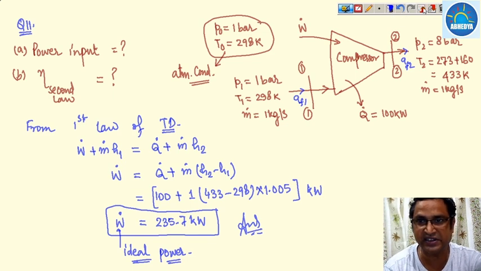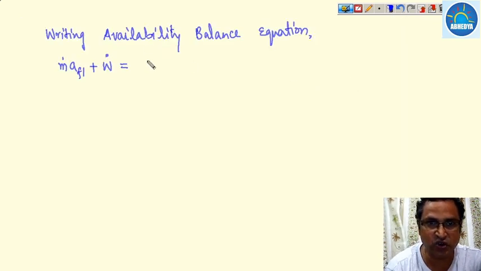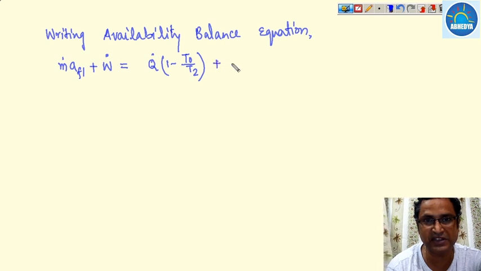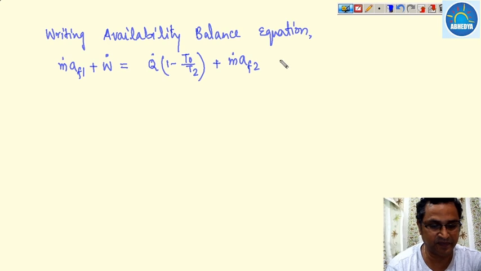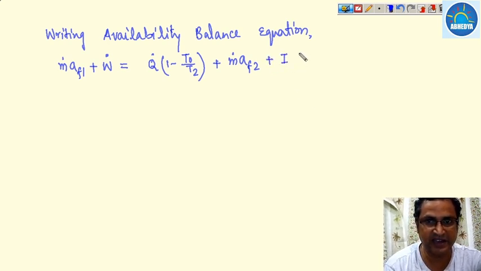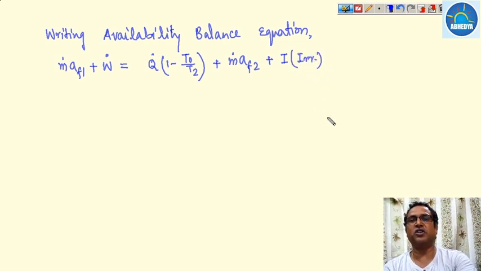If this is considered as an output condition, this is Q dot into (1 minus T naught divided by T2), because at output we are considering this, plus m dot AF2 plus I. This I is irreversibility, and this occurs just because of friction.